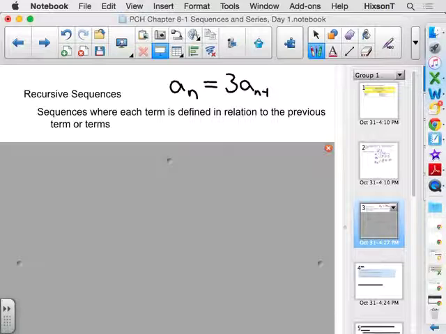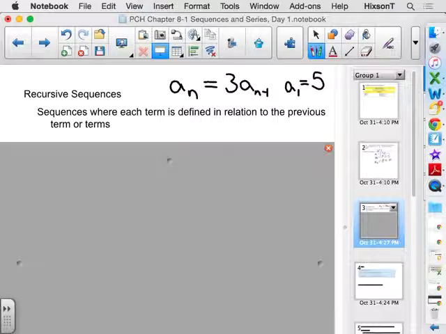Now, if that's all I put, we're never going to be able to find any values, because another part of the definition of a recursive sequence is that you have to define your starting point. So a sub 1, if we said a sub 1 was 5, then we could find all of the terms.